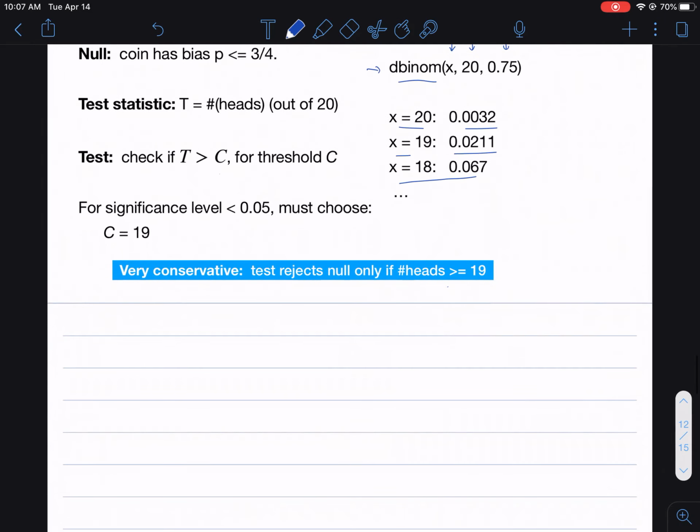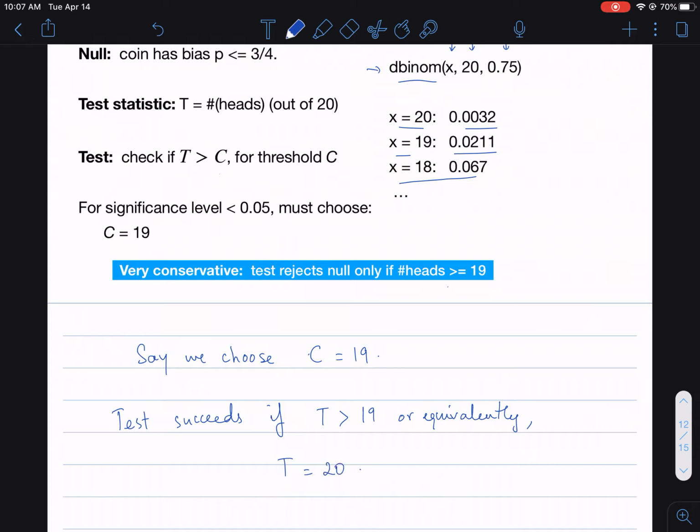Okay. So say we choose c equals 19. That's like saying the test succeeds if t is more than 19, or equivalently if t is 20, right?